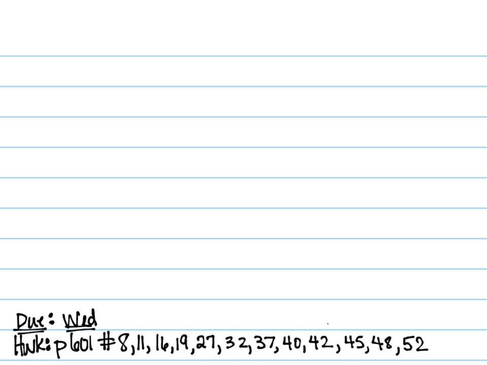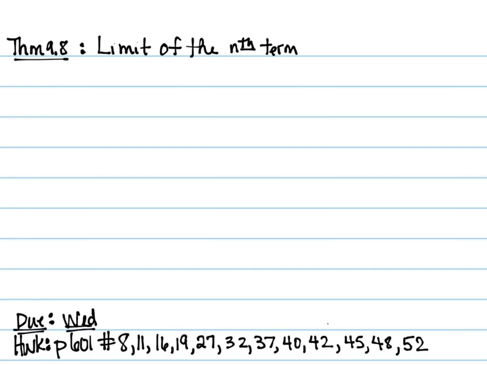This is a very, very nice fact, but it's often confused for its contrapositive. So let me just show you what I mean. All right, so this is theorem 9.8. This is the limit of the nth term. Okay, so this is a fact.